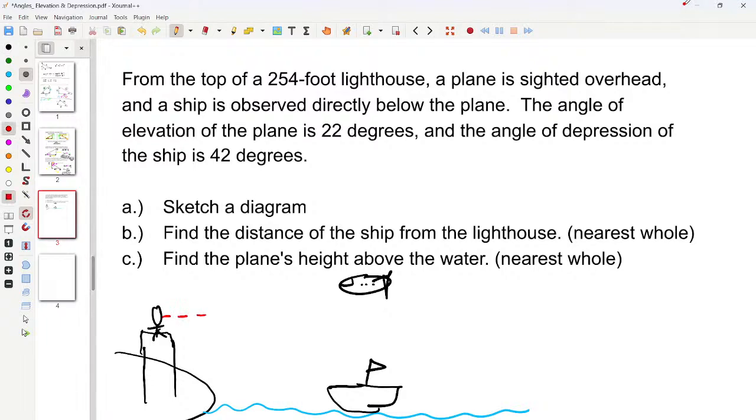If I look straight out, I don't look up or down, that's 0. When I look up to the plane, reading this again, the angle of elevation is 22 degrees. Most important thing, the 22 is made with the horizontal right here.